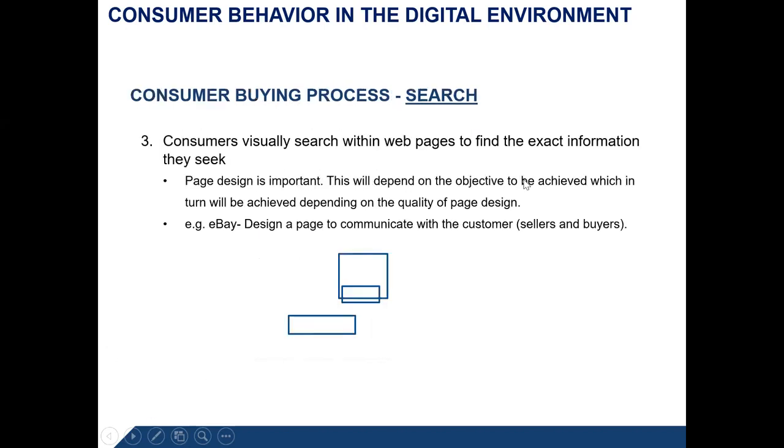Okay, then we go to the final stage, and that is when you are searching with great granularity within a web page. So for example, you've decided that, okay, this is the type of hair dryer that I'm going to buy. Let's say I've identified a Panasonic hair dryer, and I've identified, let's say, another brand of hair dryer.